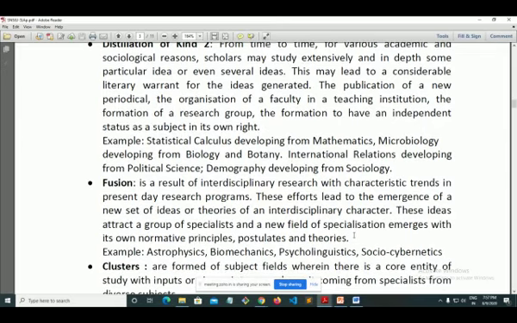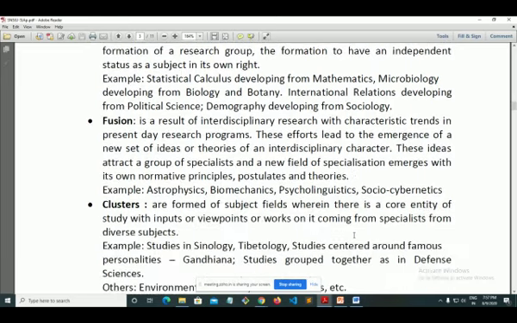These ideas attract a group of specialists and a new field of specialization emerges with its own normative principles, postulates, and theories. For example, astrophysics, biomechanics, psycholinguistics, socio-cybernetics, etc.